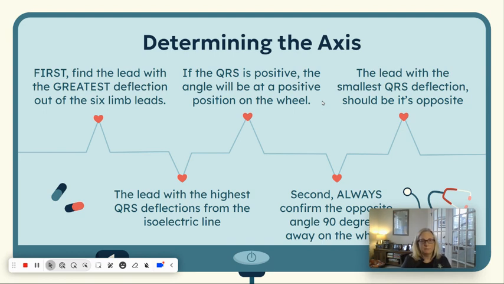The lead with the tallest deflection from the isoelectric line is going to be, we'll match that up with our chart to figure out what angle that is and if that is a normal axis. So if the QRS is positive, the angle will be at a positive position on the wheel.